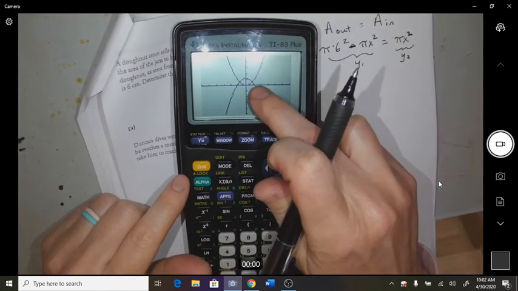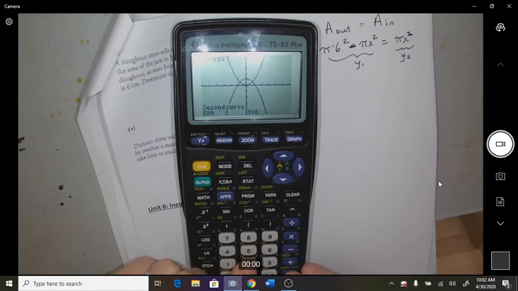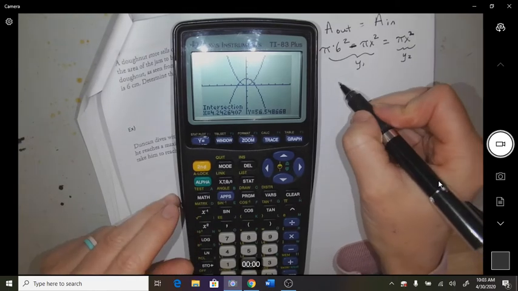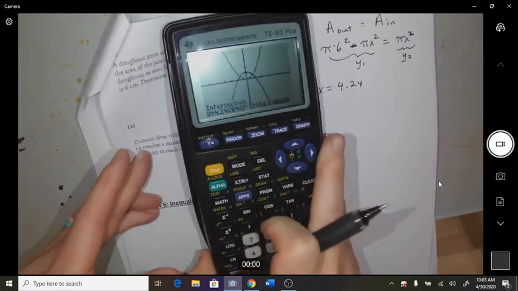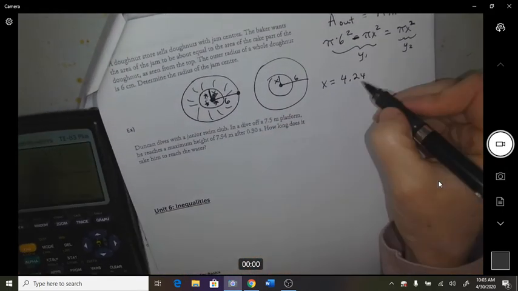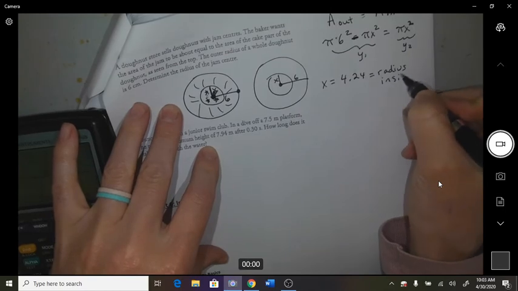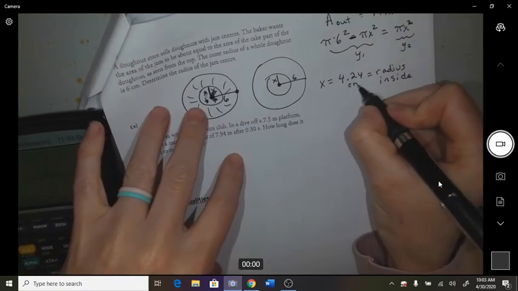Okay, and I want that intersection only because I don't want a negative x value. So 4.24 is the x, which is the radius of the inside, and that is in centimeters.